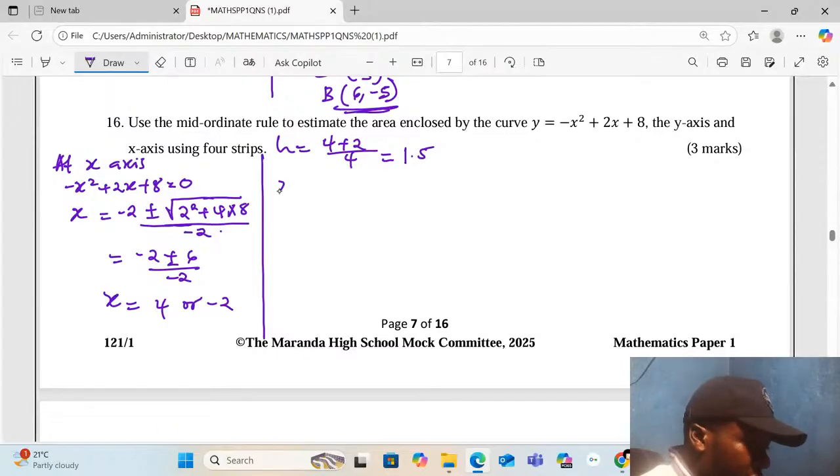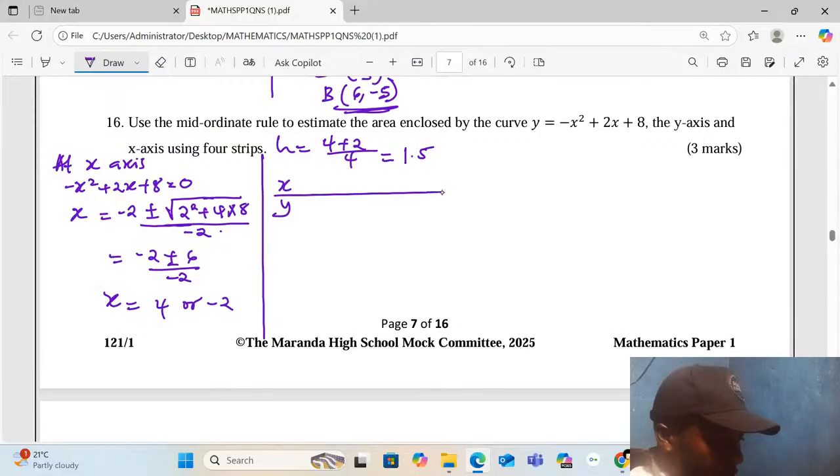So we take x, y. Remember, our x is 4. So we have to fill the table for us to get the strips.